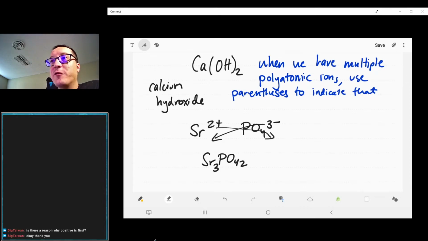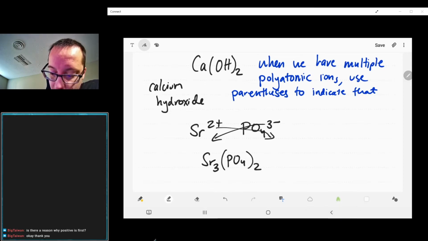We do not have 42 oxygens in this case. I have forgotten our parentheses. All right, so make sure that you put your parentheses in if you ever have multiple of a polyatomic ion, no matter what it is.